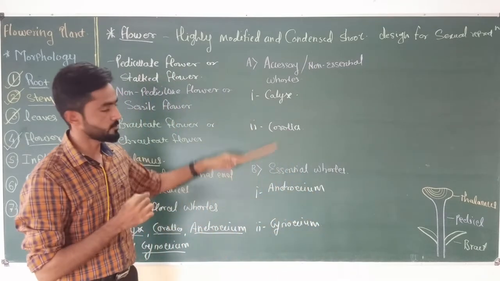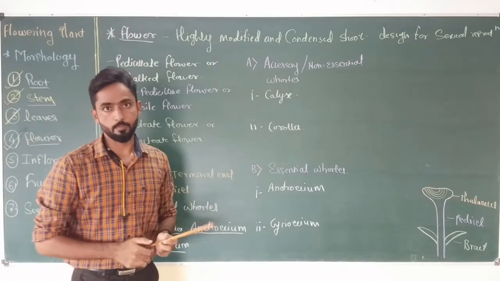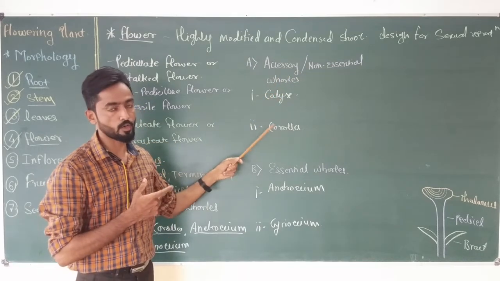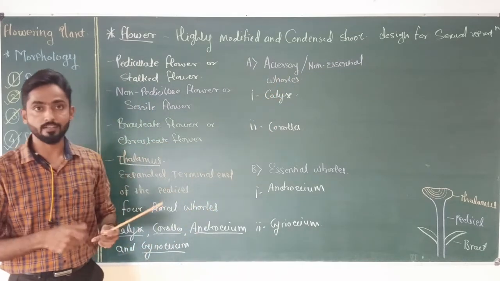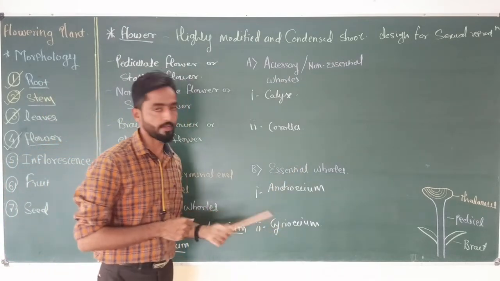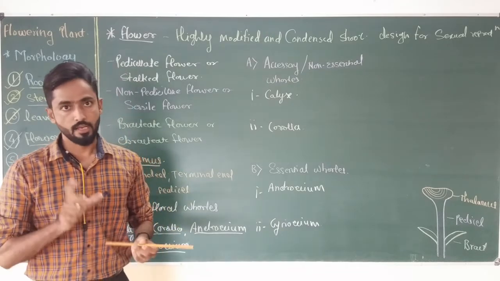The classification is based on the involvement of the floral whorl in sexual reproduction. These non-essential whorls, calyx and corolla, do not directly take part in sexual reproduction, while the essential whorls, androecium and gynoecium, are directly involved in the process of sexual reproduction.